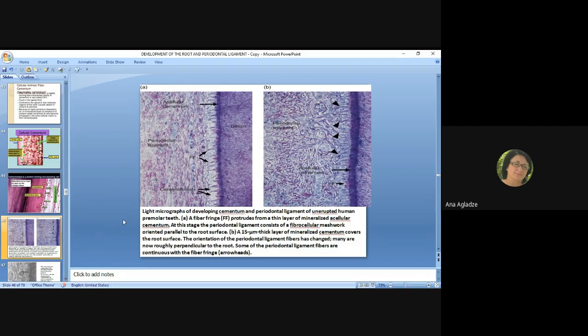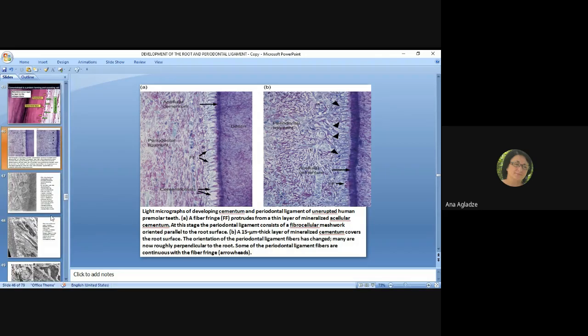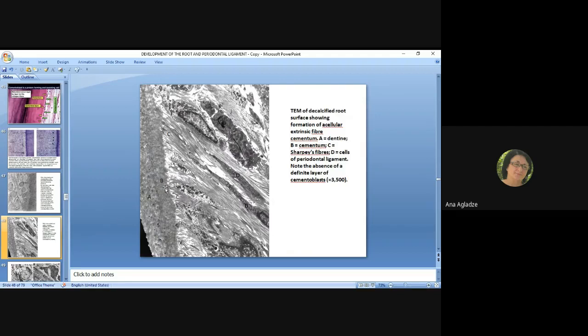As root formation is a continuous process extending over several years, the phase of initial deposition of cementum onto the growing root also lasts 4 years. This results in a variable distribution of the different types of cementum on the root. And here you can see the calcified root surface, which is acellular extrinsic cementum.